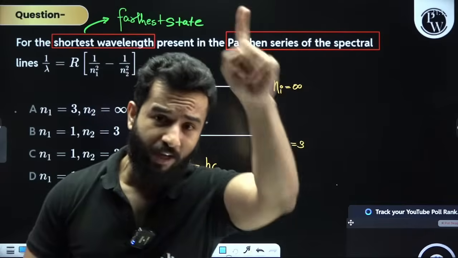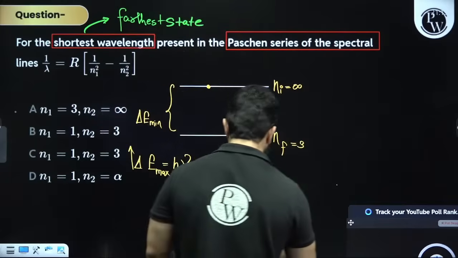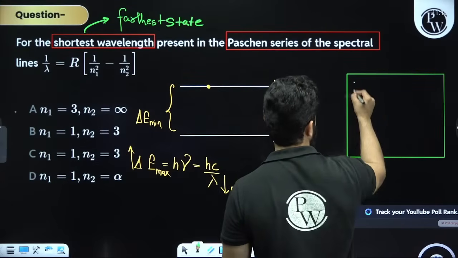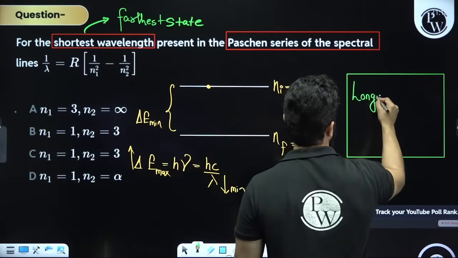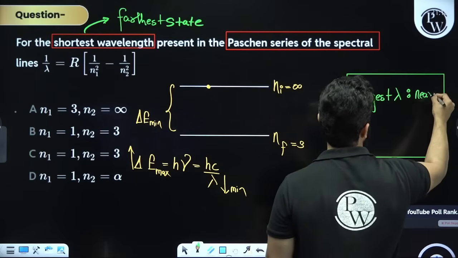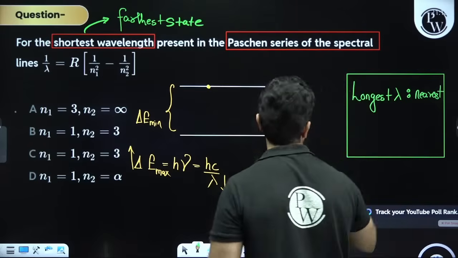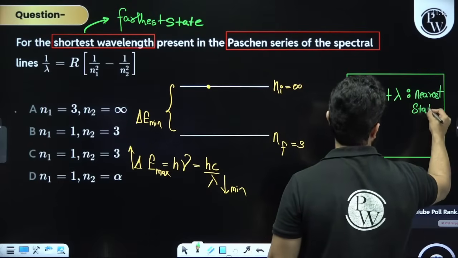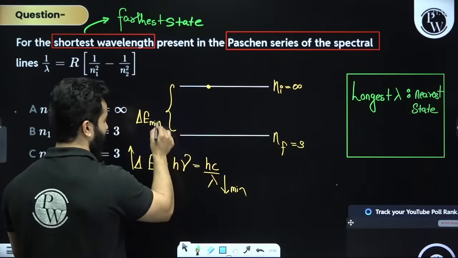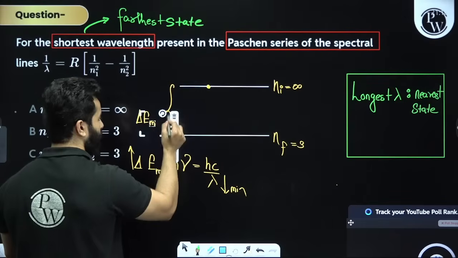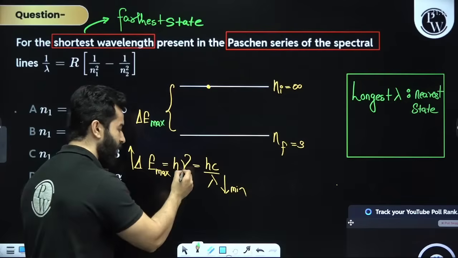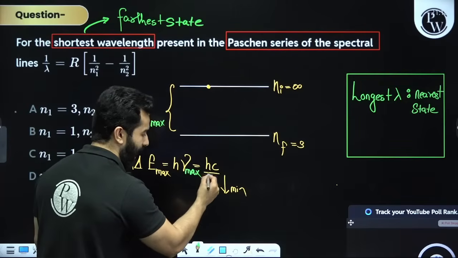For longest wavelength, note it down, the electron will transition from the nearest excited state. So if delta E is maximum, that means frequency will be maximum, that means lambda will be minimum.